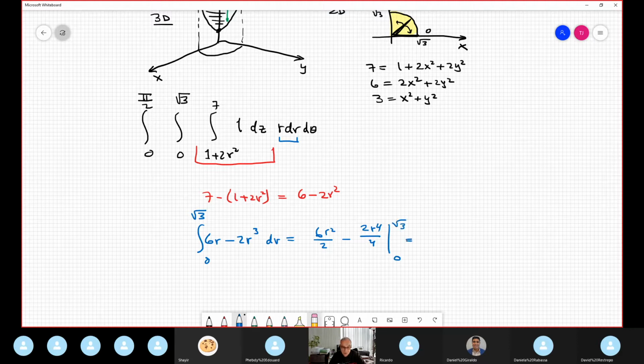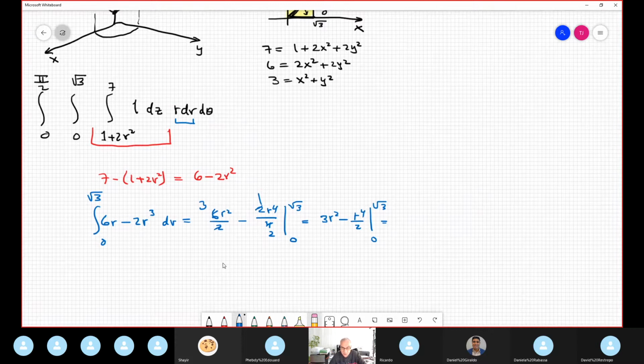Well, actually this is 3, we cancel out, it's 3. And this is 1/2. So it is 3r squared minus r to the 4th power divided by 2, evaluated between 0 and radical 3. Well, this is 9, because radical 3 squared is 3, 3 times 3 is 9, minus radical 3 to the 4th power, which is equivalent to 3 squared, which is 9, no?